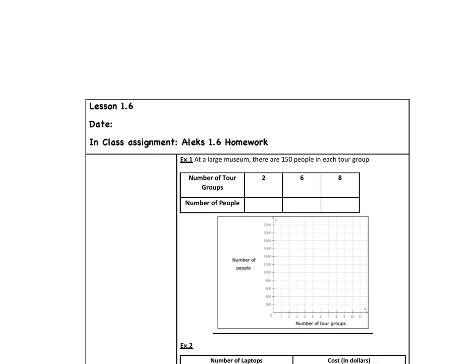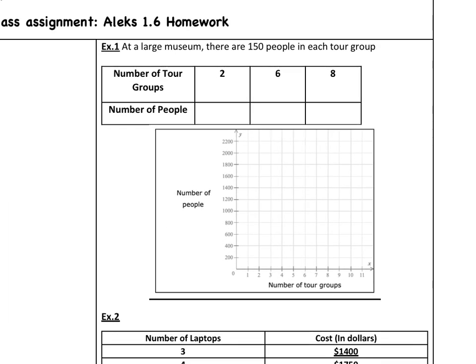So this first problem says that at a large museum, there are 150 people in each tour group. So let's think, if there's 150 in each tour group, and if you have two tour groups, you're going to have 300 people in that group, right? And if there's six groups, that's going to be 300 plus 300 plus 300.